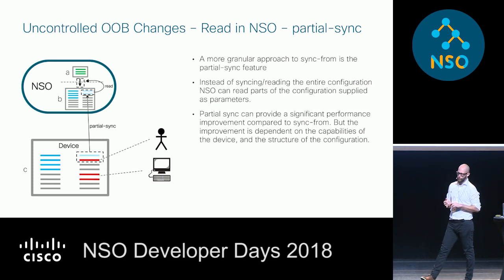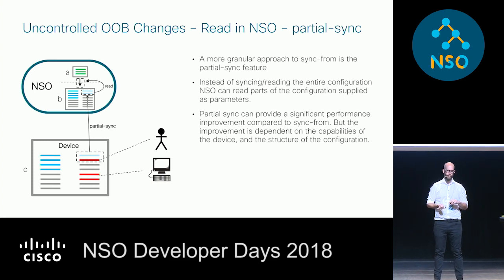It's also important to remember that the performance and efficiency of partial sync will depend a bit on how the device works. If you have a netconf device, for example, it's typically very easy to do a subtree filter and say, just give me this and this and this part of the config, and it's super efficient.